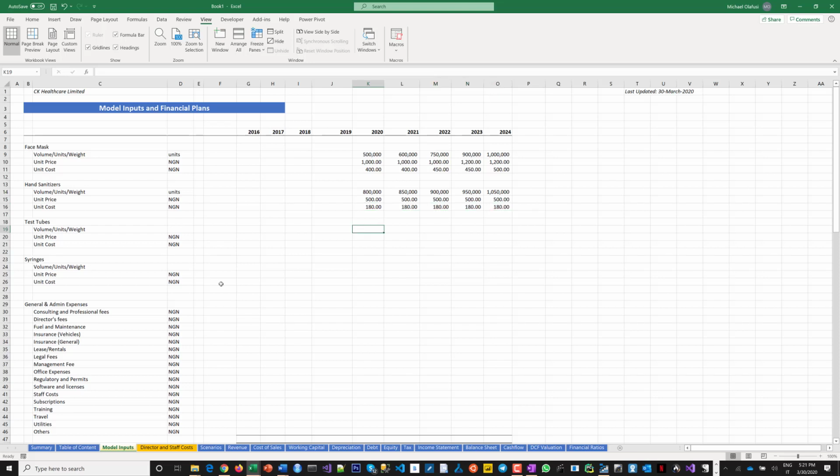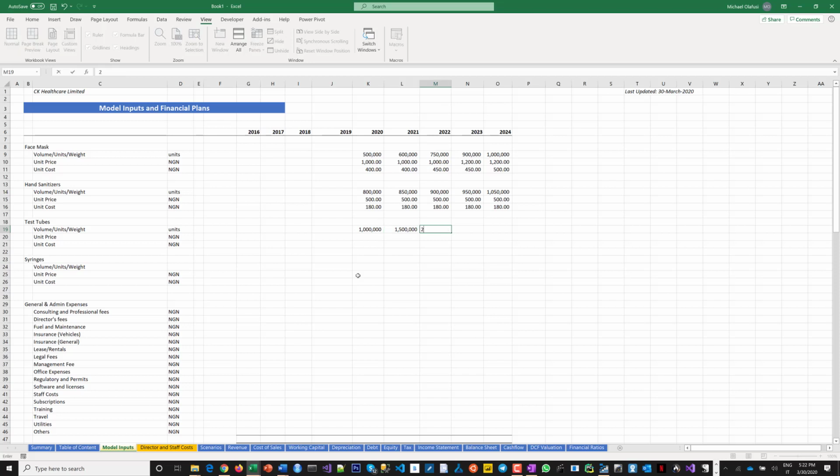For test tubes, say they're going to sell also in units, and this in really huge units. So things like the first year they're going to do 1,000,000 units, and the next year 1,500,000 units.